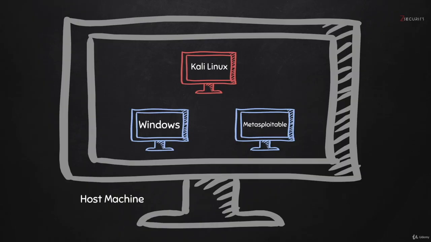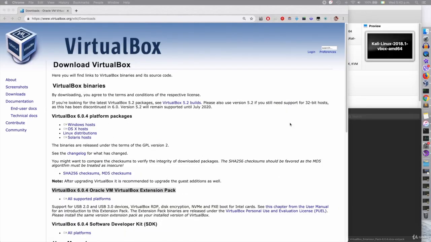And the main thing to keep in mind is your host machine, your main computer, will never be affected. It's completely isolated. And if we break any of these machines, nothing will happen to your precious computer that you use every day. And this way, you can always use your host machine for daily use, for checking emails, watching the videos, doing whatever you do normally, and then use your virtual machines for hacking and practicing the attacks.